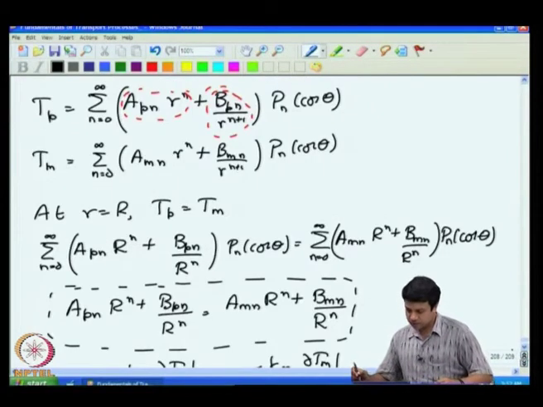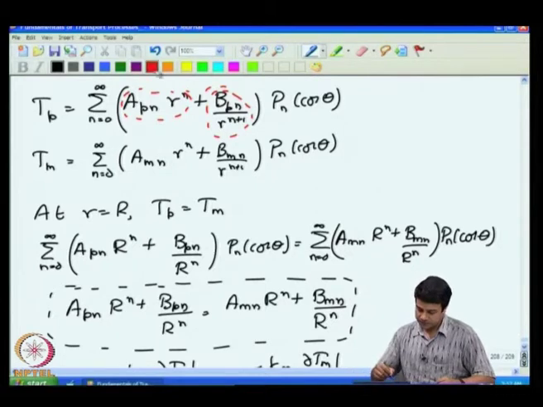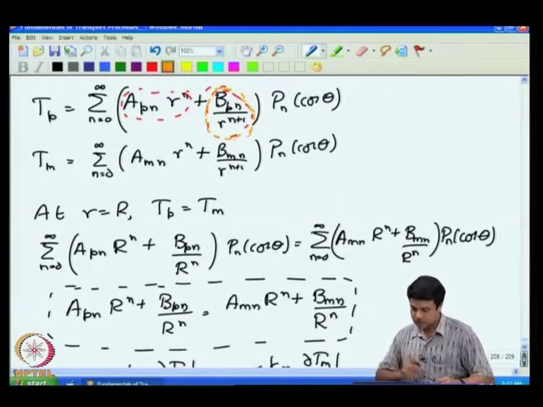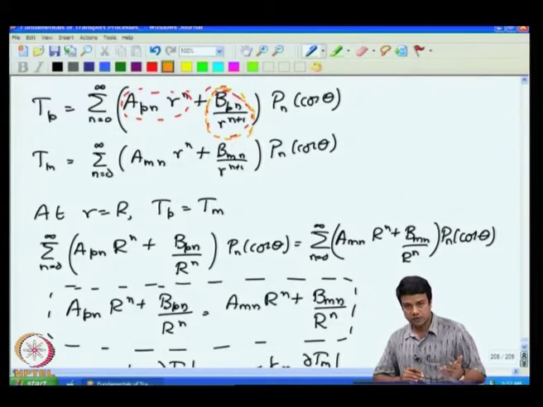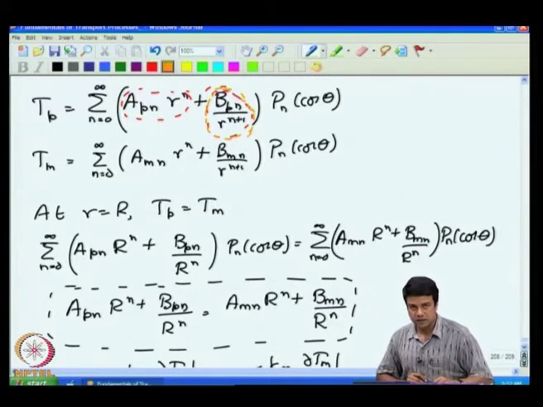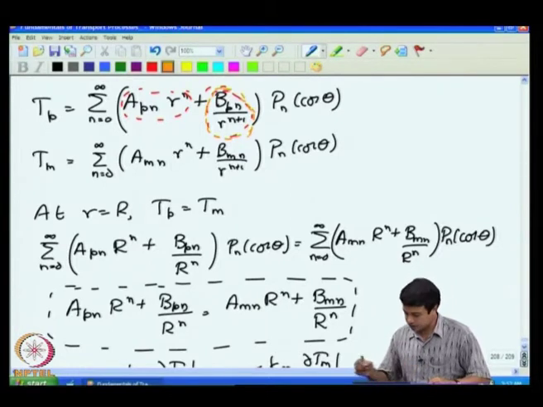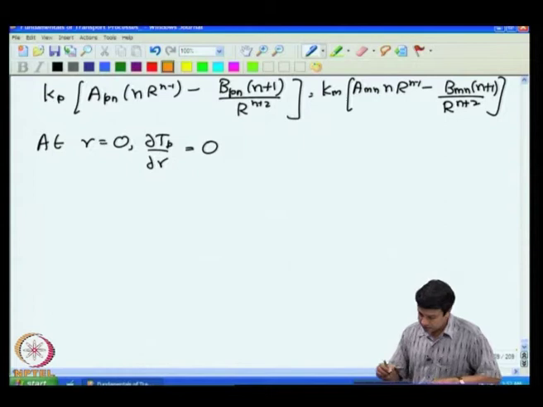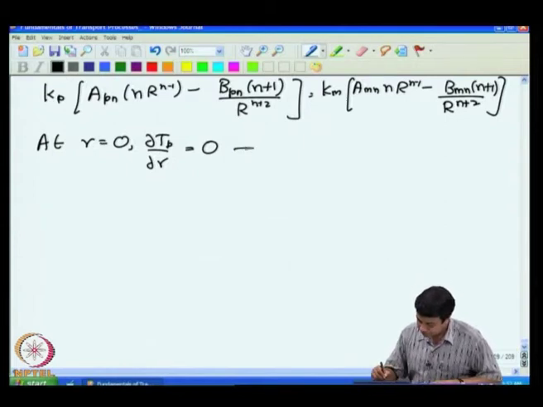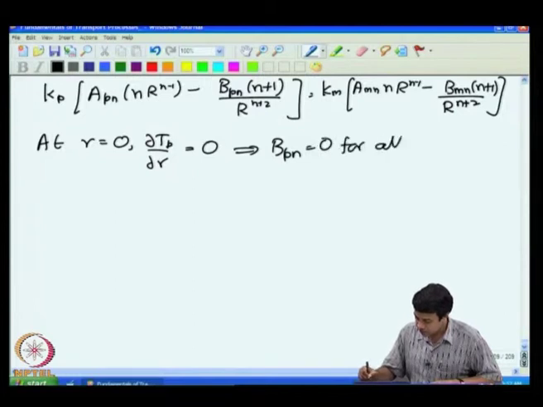So, the condition at the center of the particle implies that all of these terms are identically equal to 0 at the center of the particle, because they have 1 over r power n plus 1. These terms diverge as r goes to zero. Therefore, you have terms that go only as 1 over r power n plus 1. Since these go to infinity, the coefficient Bpn has to be equal to 0 for all n.